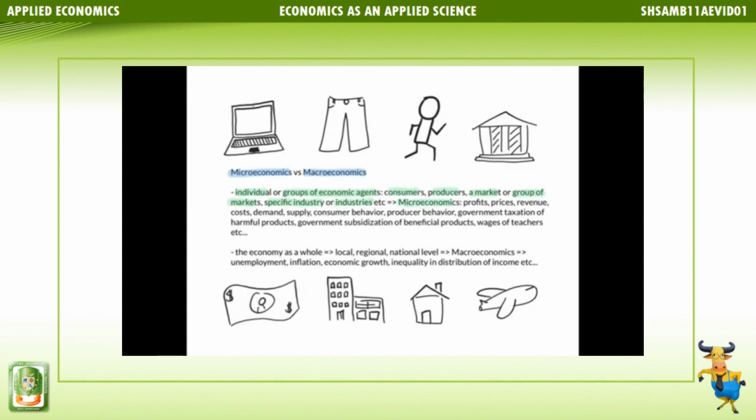So studies related to profits, prices, revenue, costs, demand, supply, consumer behavior, producer behavior, government taxation of harmful products or government subsidization of beneficial products, studies related to looking at the wages of teachers or lawyers or doctors, all these fall under the realm of microeconomics.